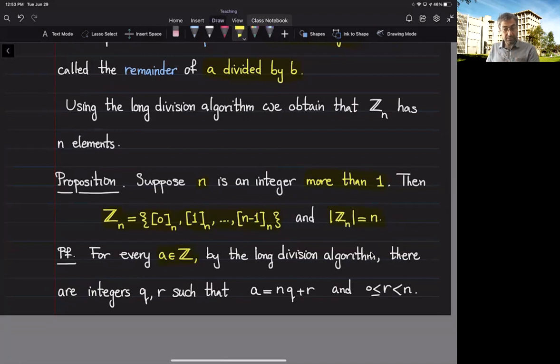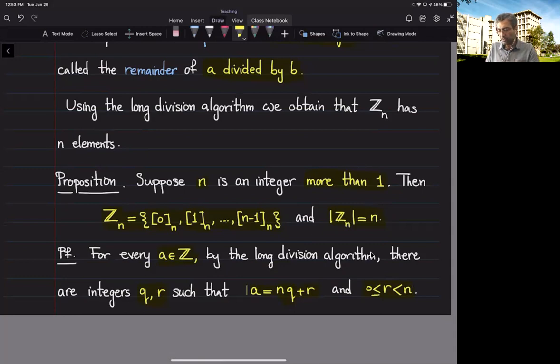So how can I get to the r? The key point is the following: if I do long division, if I divide a by n, I get a quotient and a remainder. That means I get a pair of integers q and r so that a is n times q plus r, and my r being a remainder is a non-negative integer which is strictly less than n, which means r is either 0 or 1 or up to n minus 1.